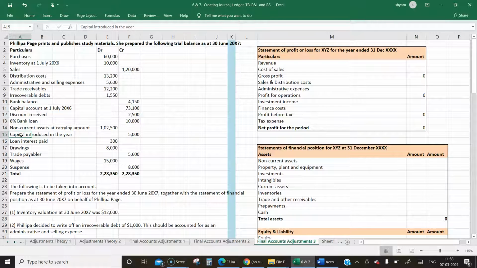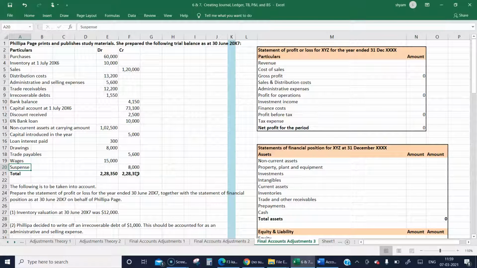And then they have loan interest paid. They have drawings. So we have to add capital account plus capital introduction minus drawings. We'll get the total capital account. So this we need a working note. And then trade payables, wages and suspense. So suspense, they have told us that 8,000 rupees is suspense in credit.